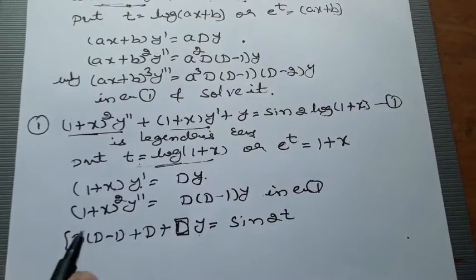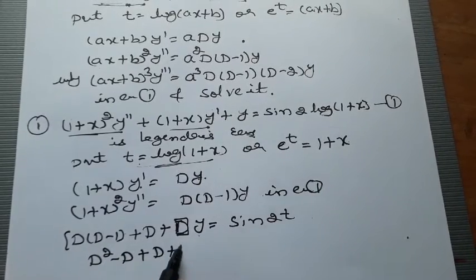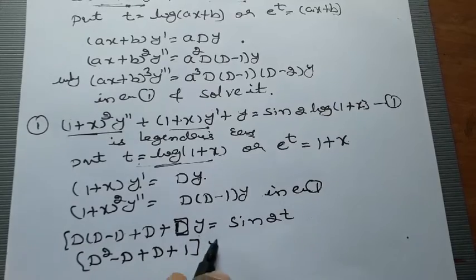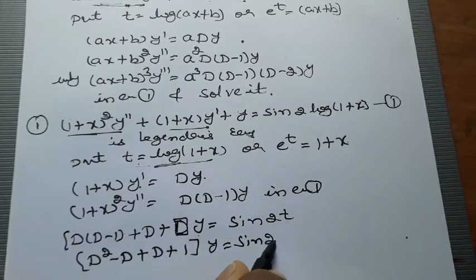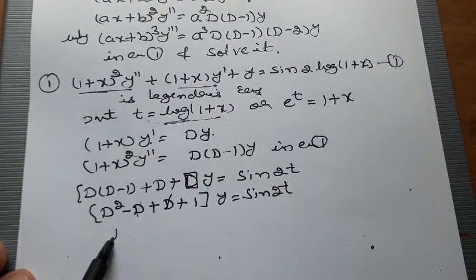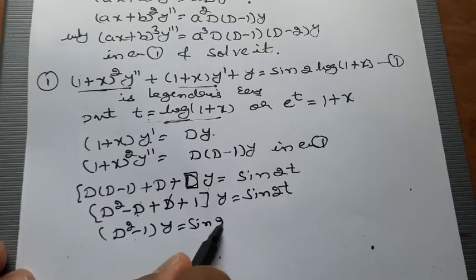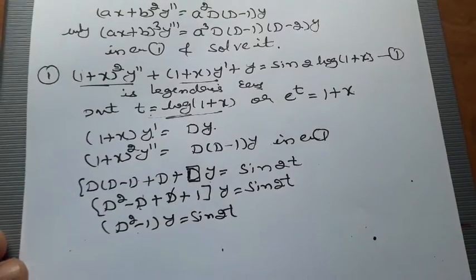If you simplify, D into D is D squared minus D plus D, and this one is 1 into y is equal to sine of 2t. Next, D gets cancelled, D squared plus 1 into y is equal to sine of 2t.